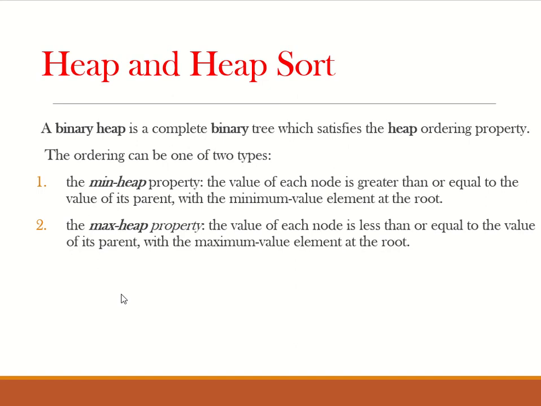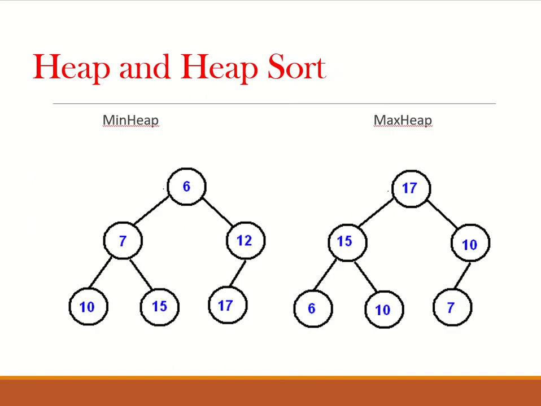Similarly, in a min heap, all the parent elements will have a value lesser than their children, and in a max heap, all the parent nodes will have a value greater than their children. That is the ordering. This is the definition; you can go through it and understand for yourself. I'll give you some examples of min heap and max heap.